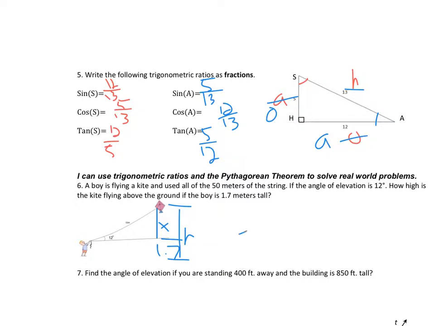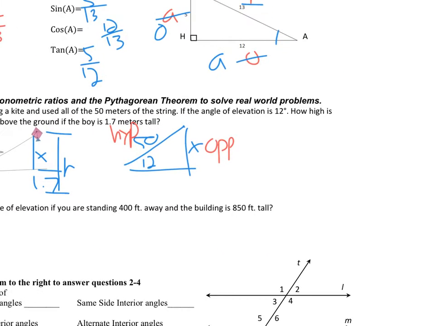So I'm going to pull that triangle out. And I have 12 here, I have 50 here, and I want to find that. Now as we look at this, I have my angle. This is now my opposite, and this is my hypotenuse. So we're going to use sine of 12 equals X over 50. Multiply by 50 on both sides.